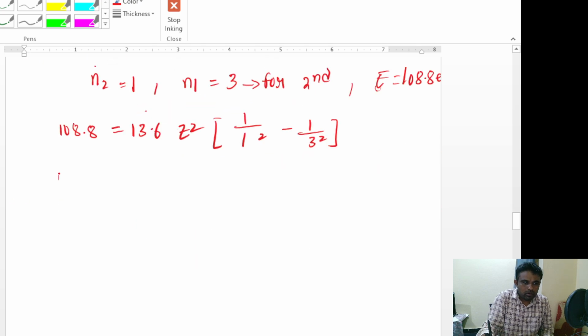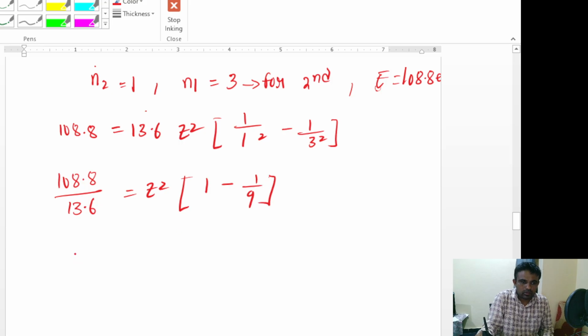So 108.8 by 13.6 is equal to Z square into 1 minus 1 by 9. So 13.6 eights are 108.8. So 8 is equal to Z square into 9 minus 1 by 9.